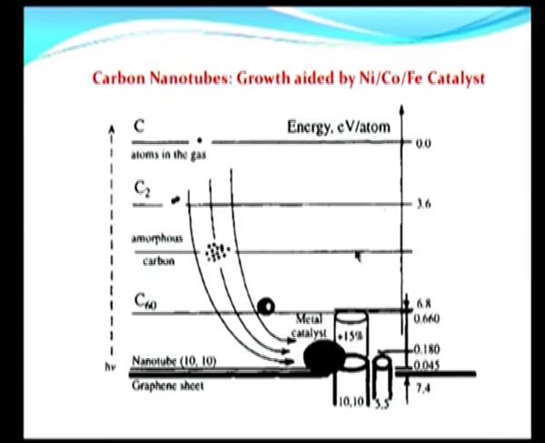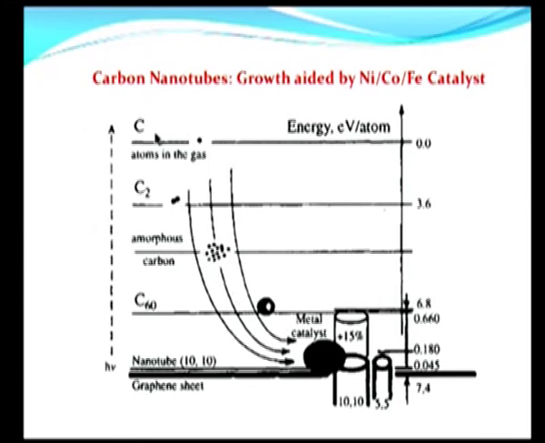What is shown here is a diagram that tells us how, for example, using a metal catalyst, which could be nickel, cobalt or iron, into which carbon of various types dissolve.